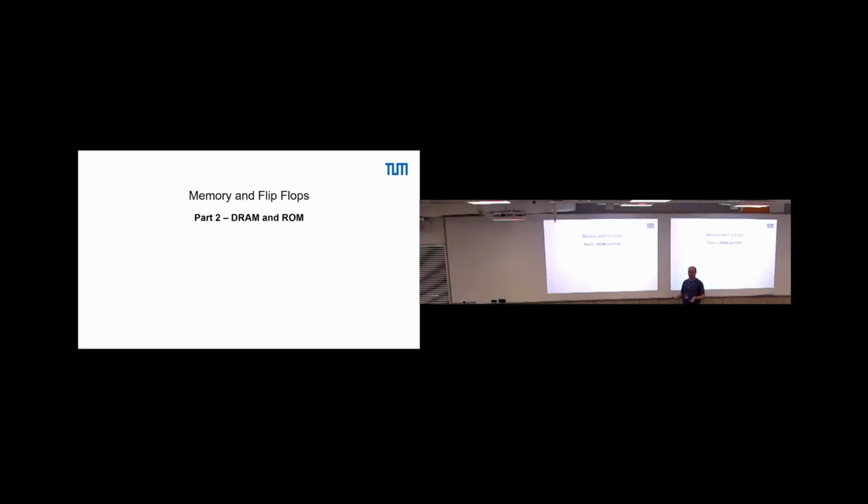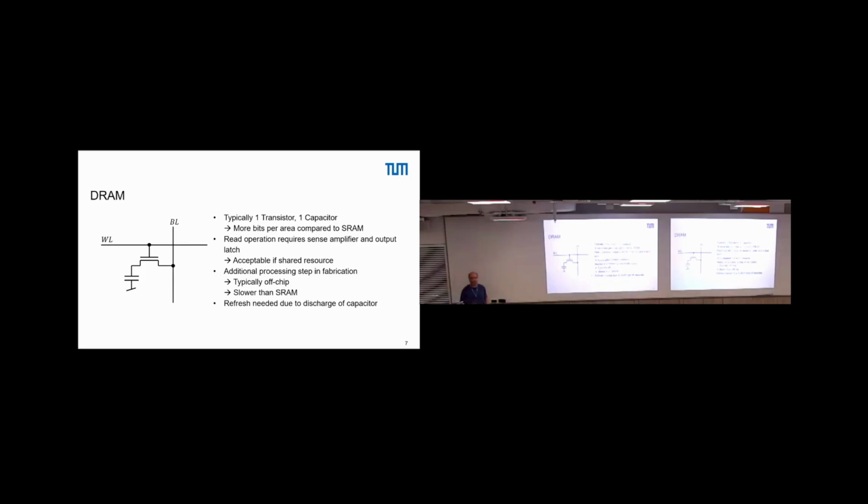If you need large memory, for instance DDR5, what you buy is some dedicated memory chip, that's DRAM. So these are DRAM chips. There is a little bit of logic on top that controls the DRAM, but the rest is only memory. Good. Let's first have a look into how this works, and then we can also discuss why it's not integrated in the chip.